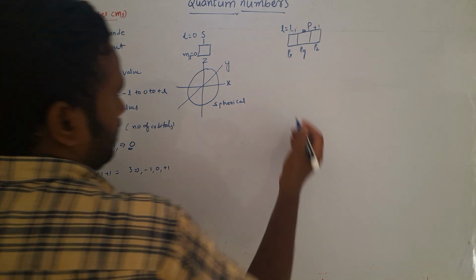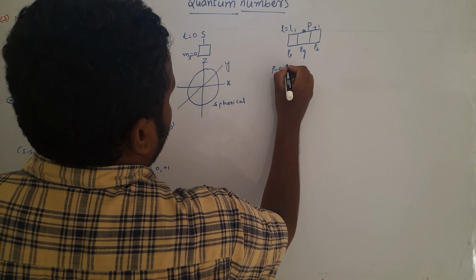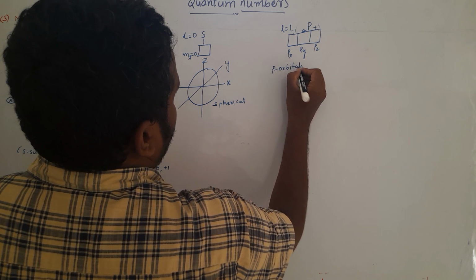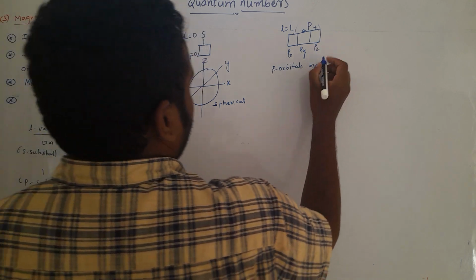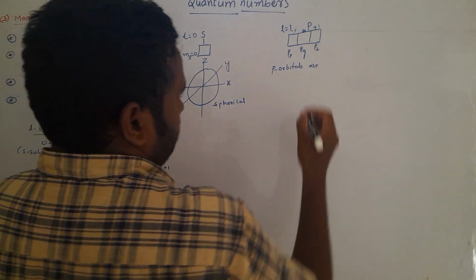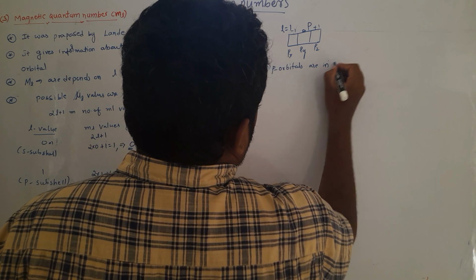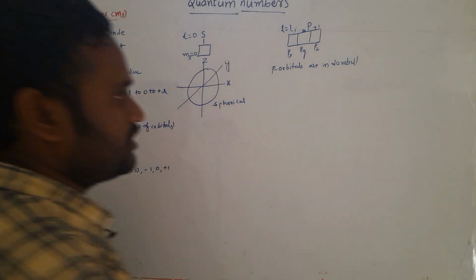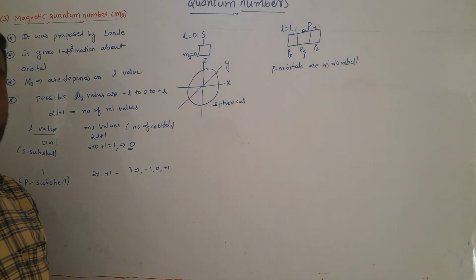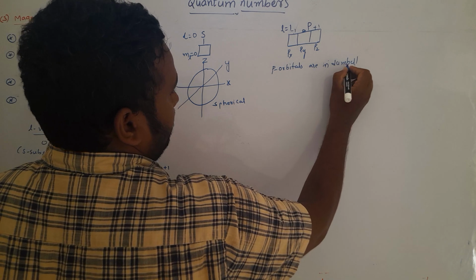And what is the shape of the p orbitals? P orbitals are in dumbbell shape, which we use to build muscles in the gym.